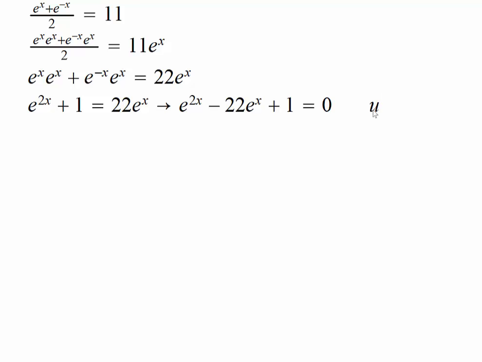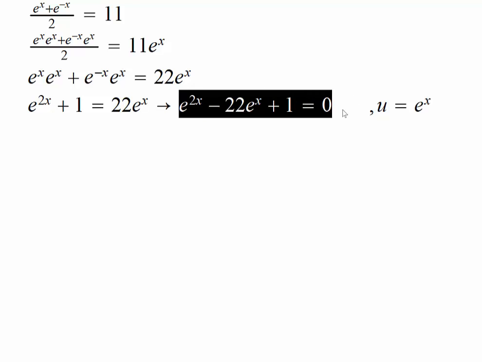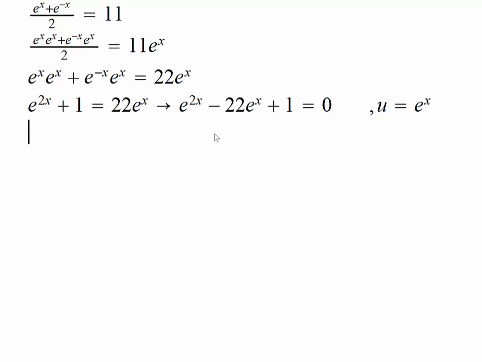And now if we set u equals e to the power x, we get a quadratic equation. e to the 2x would be u squared, and this is plain and simple u.